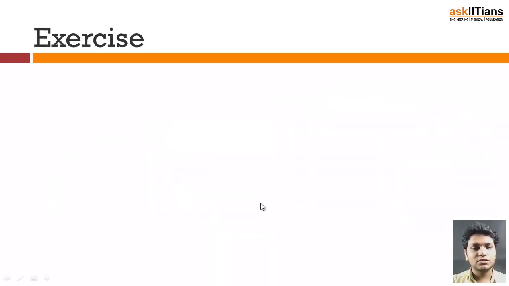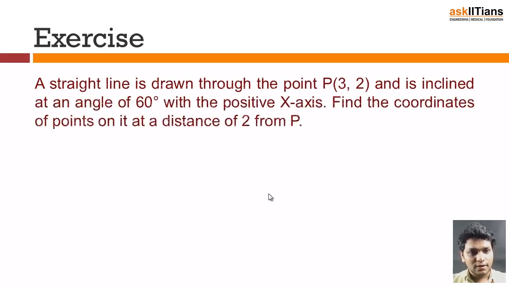Now let us do a question based on all the concepts that we have learned in the different formats of a line. The question says a straight line is drawn through the point (3, 2) and is inclined at an angle of 60 degrees with the positive x-axis. You have to find the coordinates of a point on it at a distance of 2 from P. I think the question is quite clear.